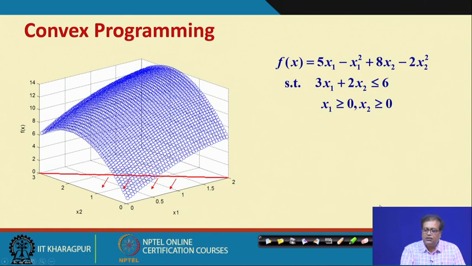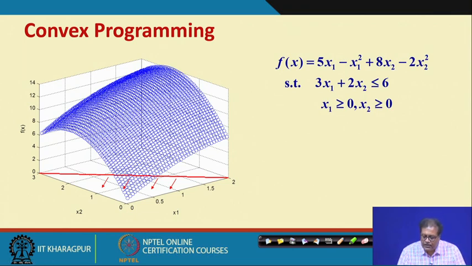So, you see the same problem again, I have plotted the function. If you look at the plot, you can see that basically it is a convex kind of function, is it all right. From the nature of the plot, you can find out that this is actually a concave function, is it all right.